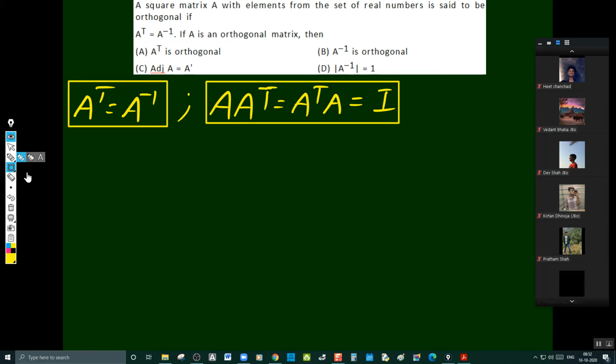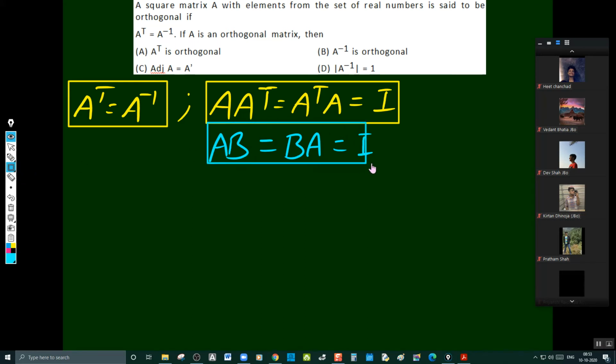First option, yes. If A transpose is to be orthogonal, and if you see the definition of inverse, AB is equal to BA is equal to I. Okay?